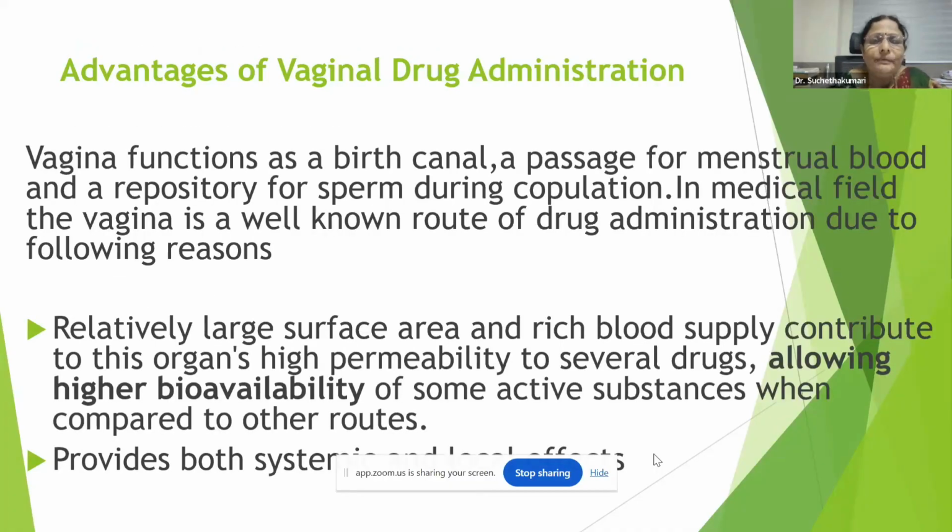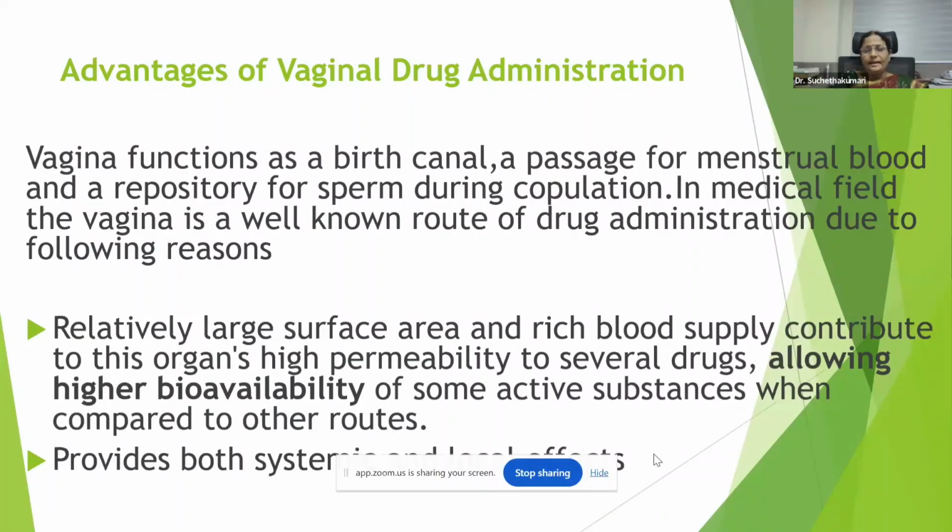Now, coming to the advantages of vaginal drug administration. The main function of the vagina is a passage for birth. It acts as a birth canal, a passage for menstrual blood, and a repository for sperms during copulation. In the medical field, the vagina is a well-known route of drug administration due to the following reasons.